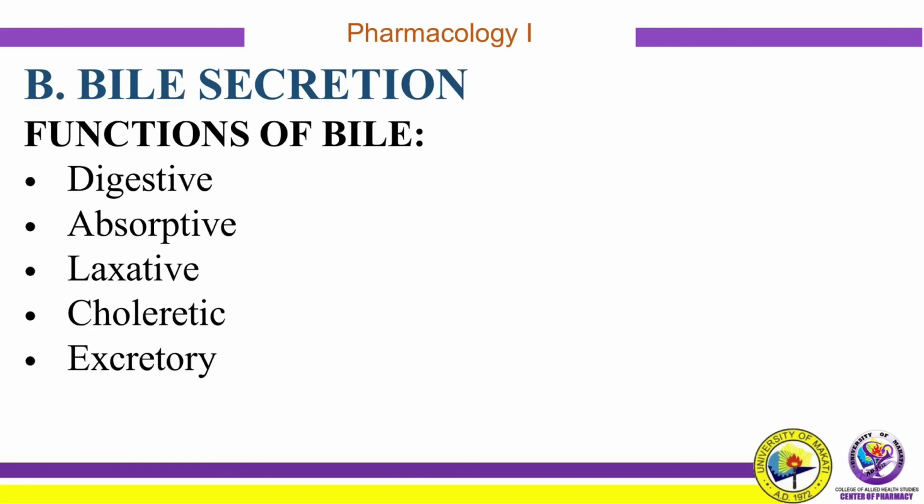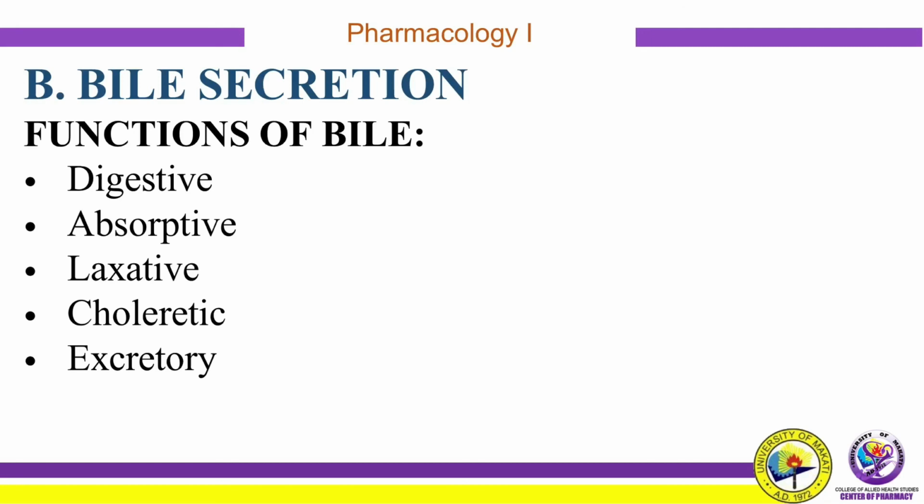Functions of bile. First, digestive. Helps in digestion of fats. The next is absorptive. Helps in absorption of fat-soluble vitamins, iron, and calcium. And then third is laxative. It stimulates peristaltic movements of the intestine and thereby helps in defecation.